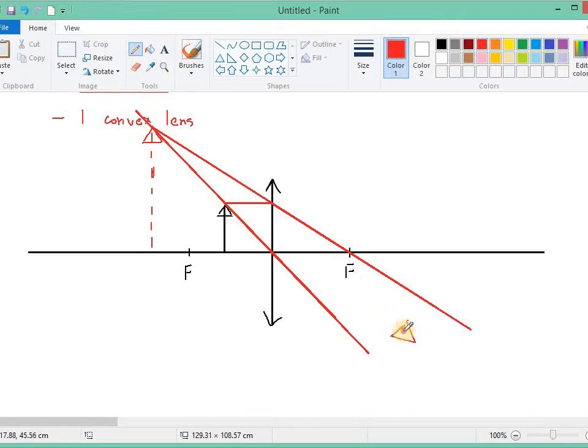If you look from here, from the eye of the observer, the light from the object passes through the lens and goes in this direction.